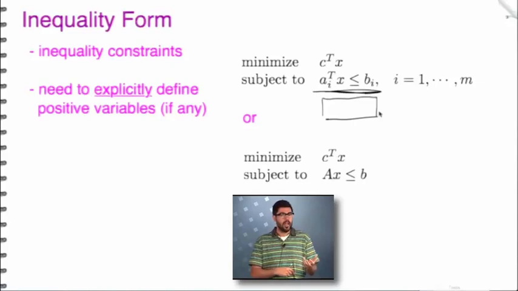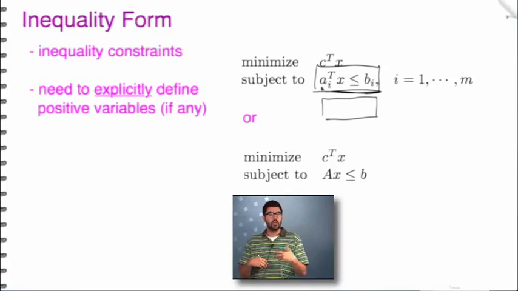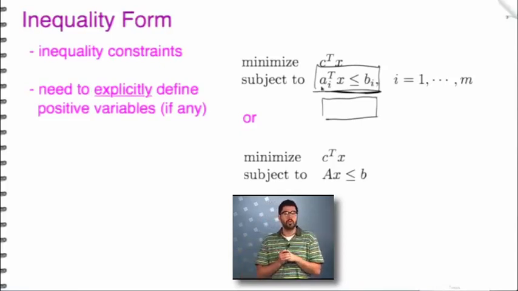That's not the case in the standard form where they must be forced to be positive, or non-negative, I should say. But again, I'll show you an example where just because it's not implied, I can still add them to my constraints as equations, and you can still require that your variables are positive, and we'll see a nice example of that.